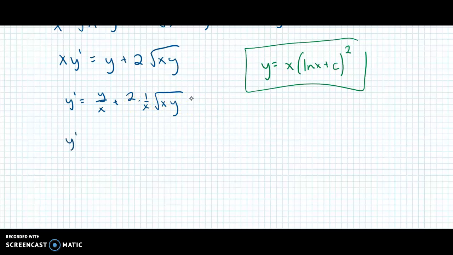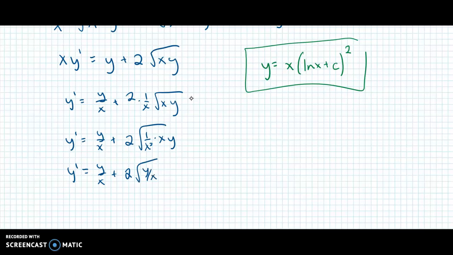So this gives me y prime equals y over x plus 2, my root gets a 1 over x squared times an x times a y. And then that simplifies to y prime equals y over x plus 2, and then when I divide it in, I get root y over x.